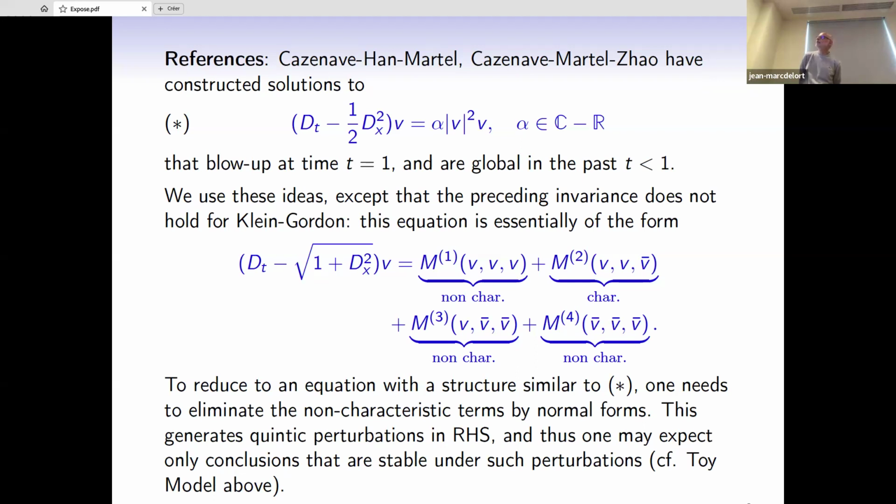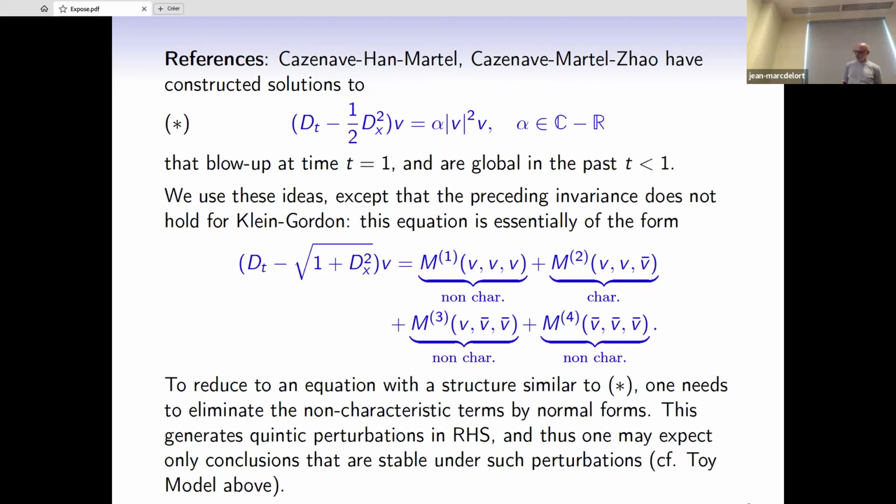And so the equation is dt minus square root of 1 plus dx squared v equals some cubic nonlinearities. Jean-Marc, I suggest you recall what is the meaning of dt. I said already it's 1 over i over t.